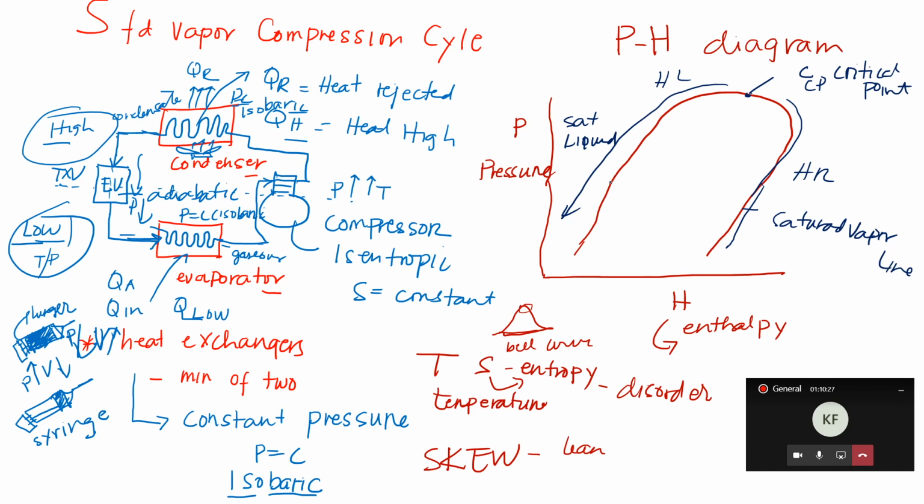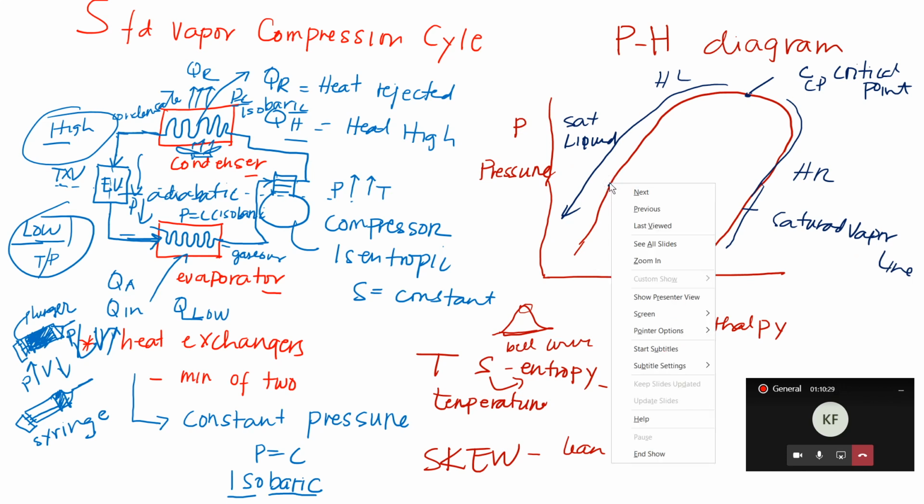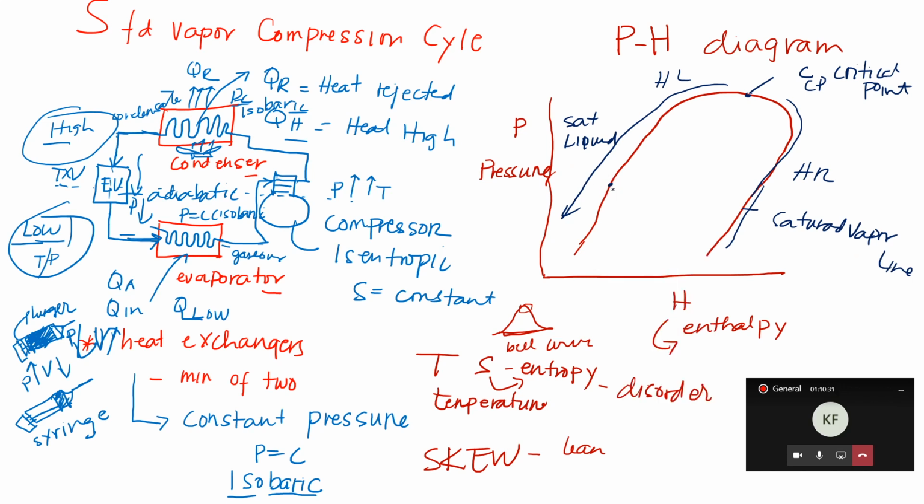So here, if you get a point from here, for example pressure, you can get the pressure here, right? So you can get the pressure here, saturated at what temperature? Saturated at what volume, right? So these are called the saturated liquid line, and this is called the saturated vapor line.